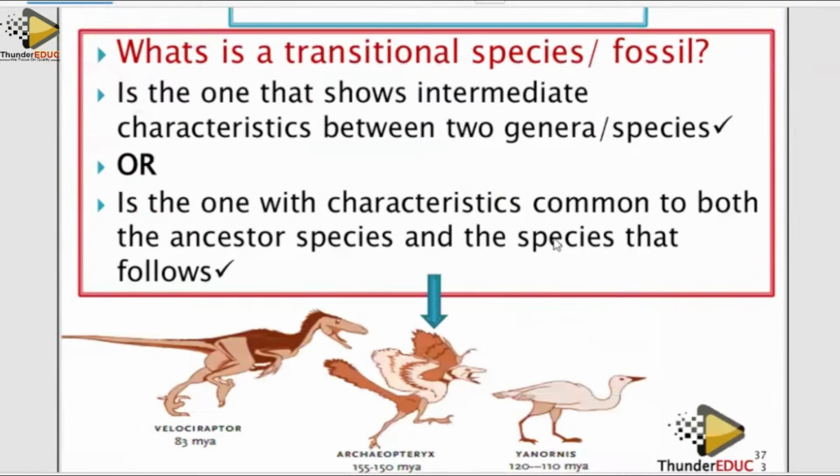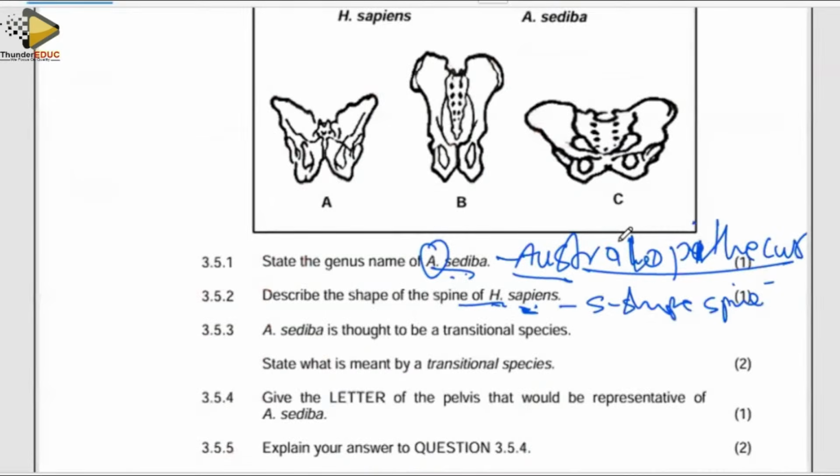It shows intermediate characteristics between two genera. So an organism that has intermediate or common characteristics between two genera is a transitional species.